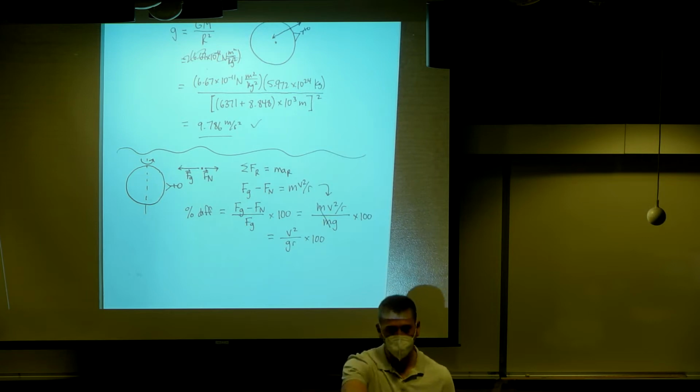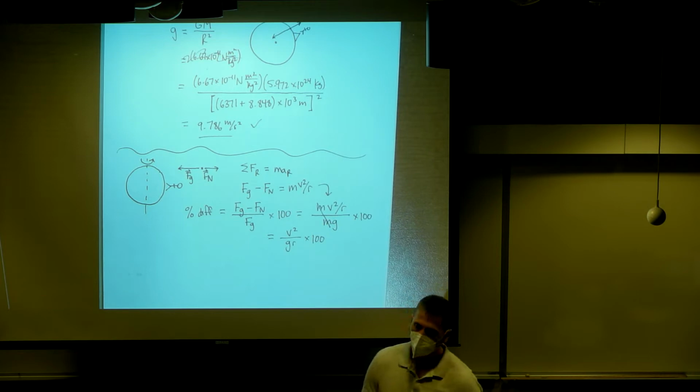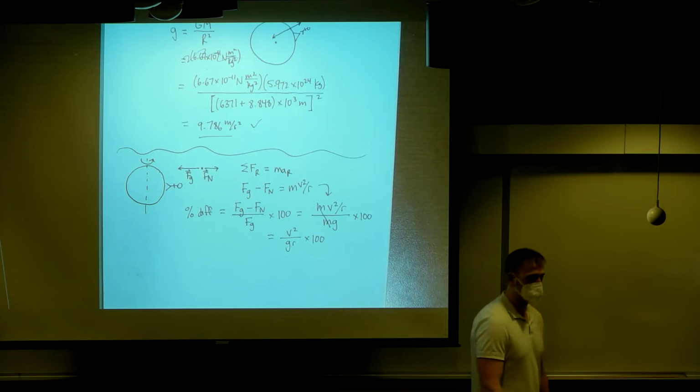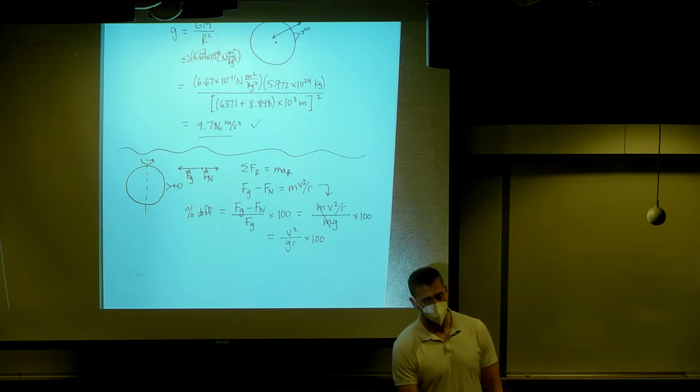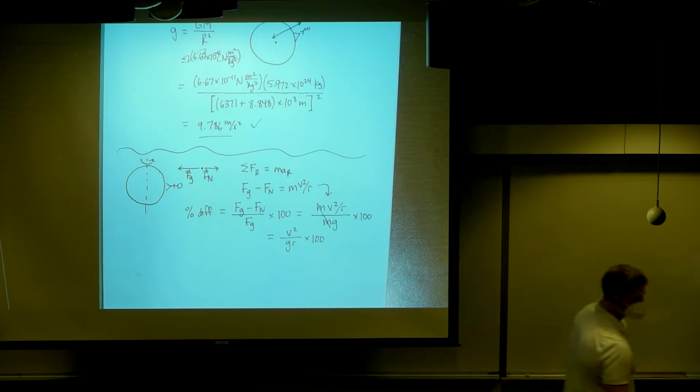You're going to go around one time around the circumference of the Earth, basically. That's going to be a 2 pi r distance, and then how much time is that going to involve for one rotation of the Earth? 24 hours. That's going to involve 24 hours, right? So it's just 2 pi r using the radius of the Earth divided by 24 hours. But I also want to make sure to get that in the right unit.